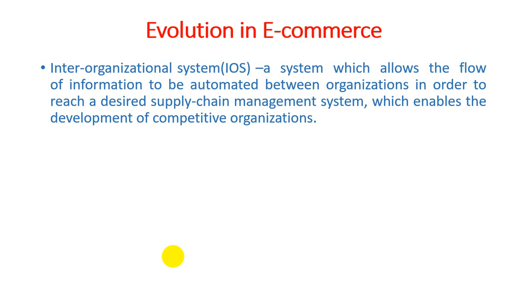They can manage departments like accounts, HR, production, and sales, and all this is handled within a single platform. It is nothing but an inter-organizational system. In technical terms, we can say it is the ERP system, which enables the development of competitive organizations.